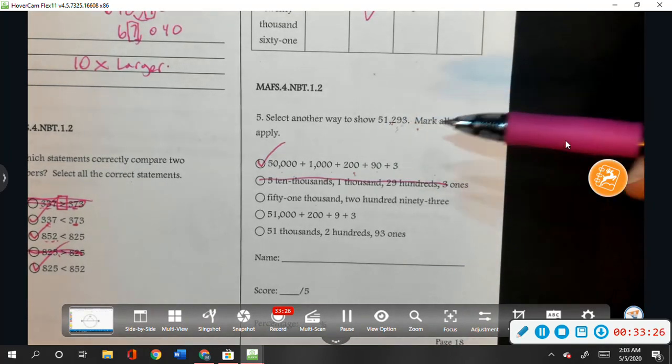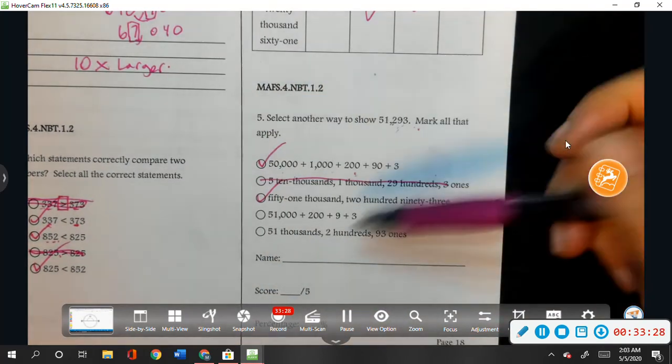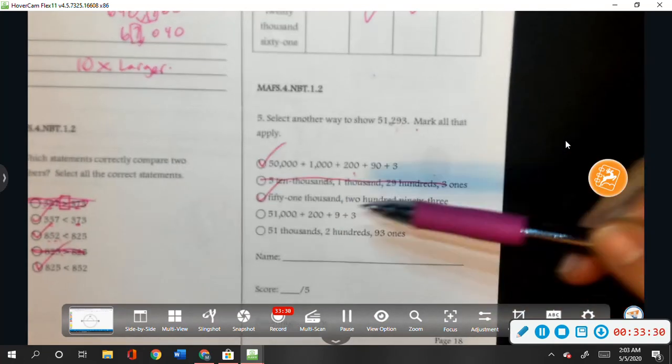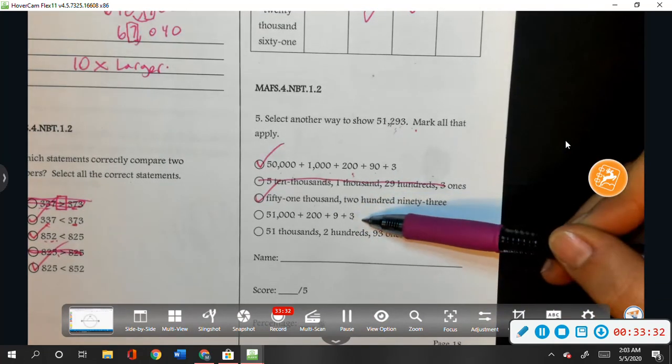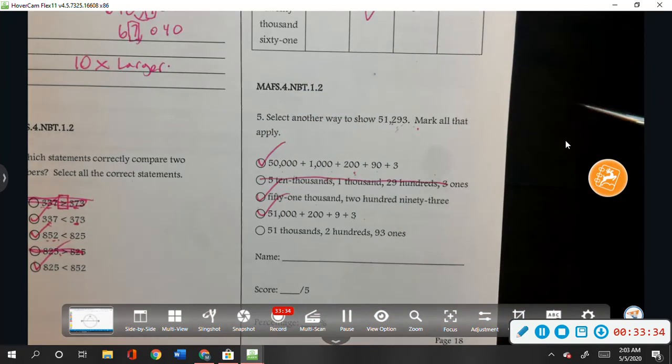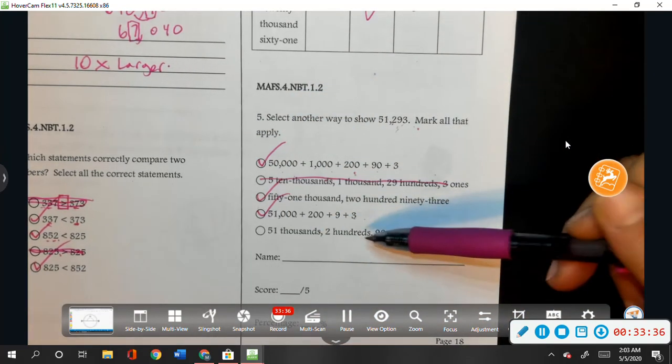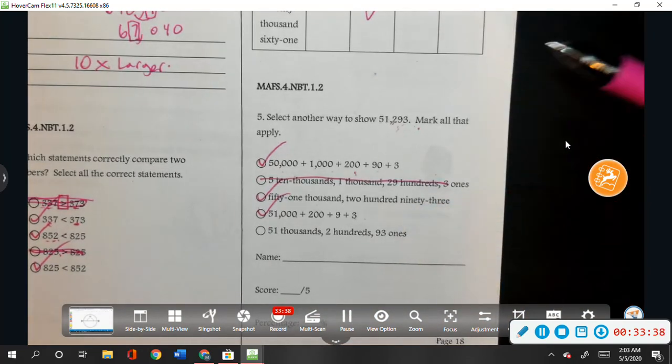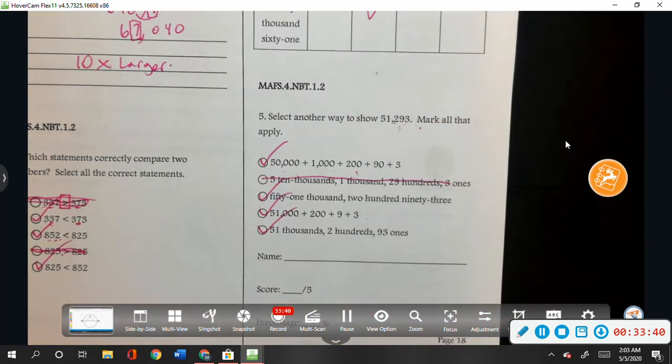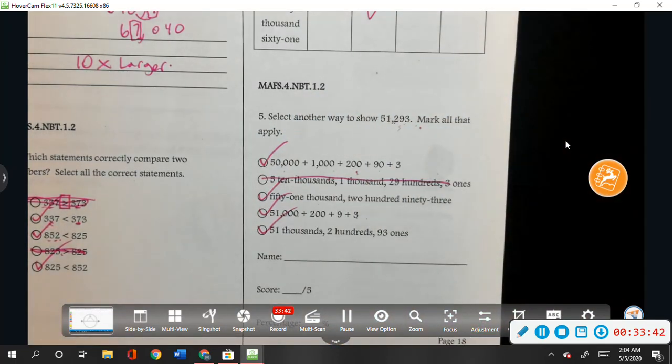We have 51,000 plus 200 plus 9 plus 3. That's right. And then we have 51,000s, 200s, and 93 ones, and that would be the correct base 10 form. There it goes. My goodness, I struggled through that. Tongue twisters and whatnots. But we did it.